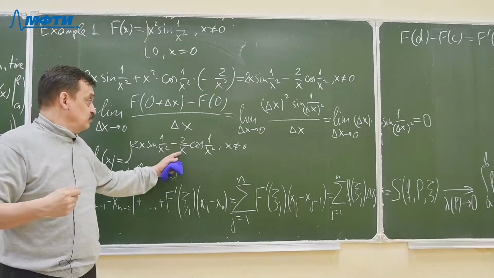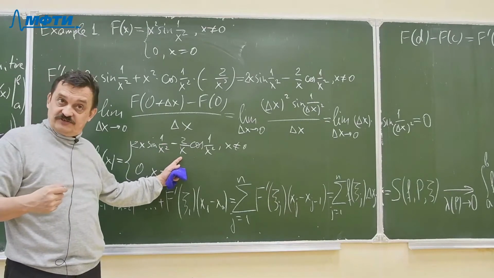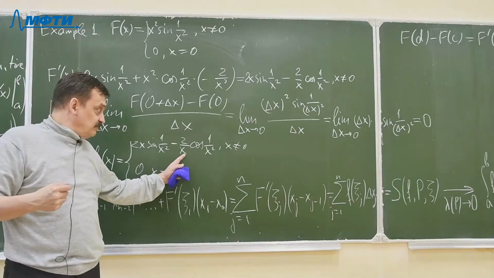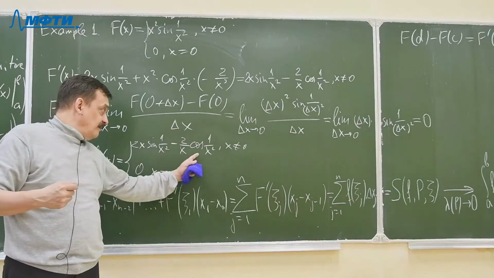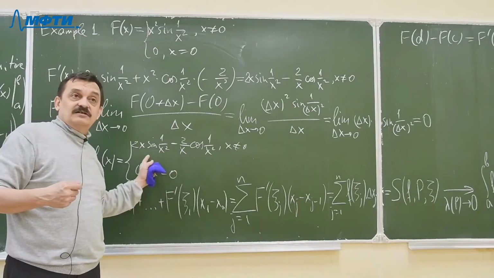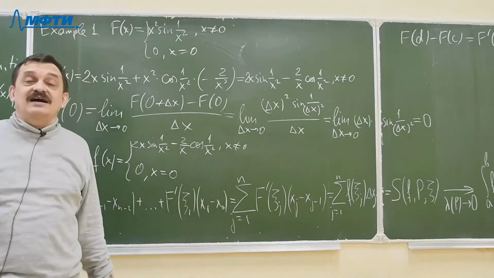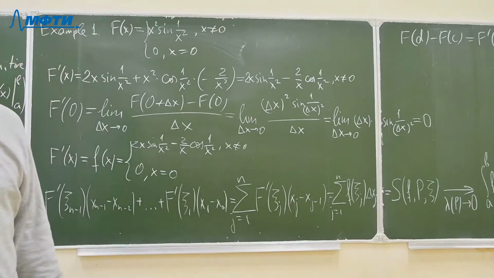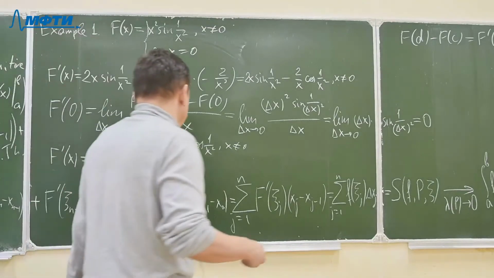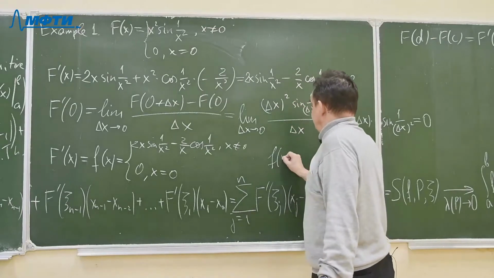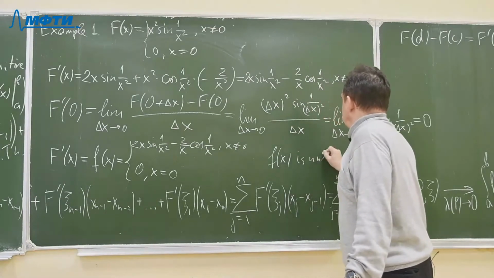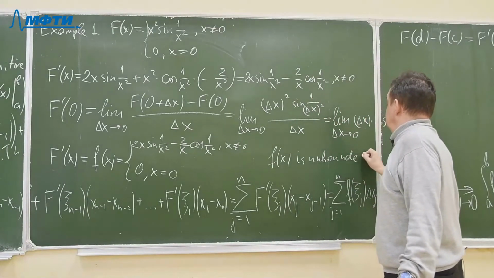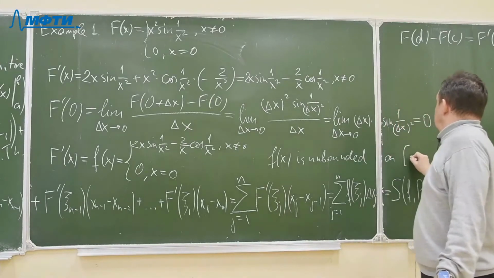And 2 over x tends to infinity, right? So it means that the function little f of x is unbounded in a neighborhood of 0. So f of x is unbounded, for example, on -1, 1.